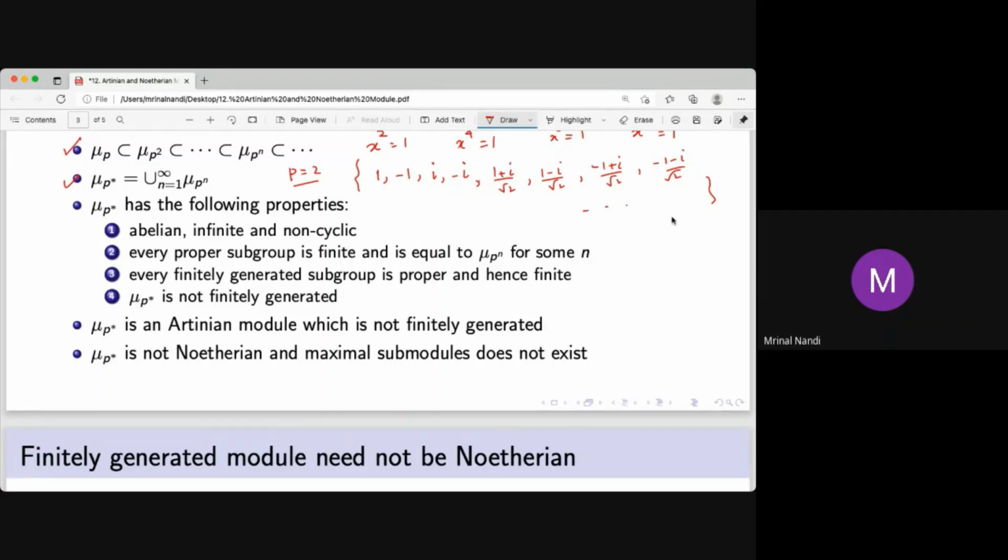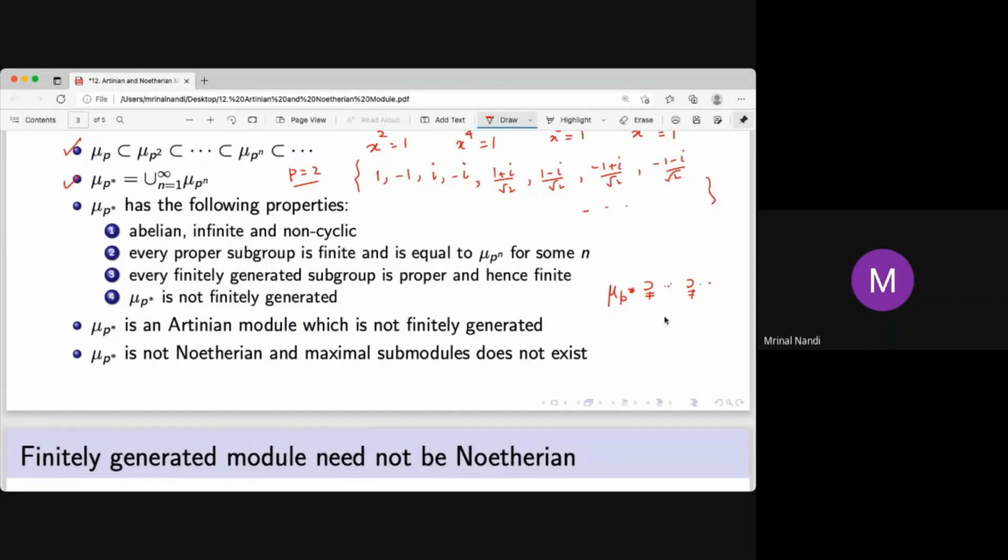So it is an Artinian module. So the condition holds. Why does this condition hold? Because if you take that μ_p star and take a descending chain, these are finitely generated, proper, finite submodules. So it must stop somewhere.